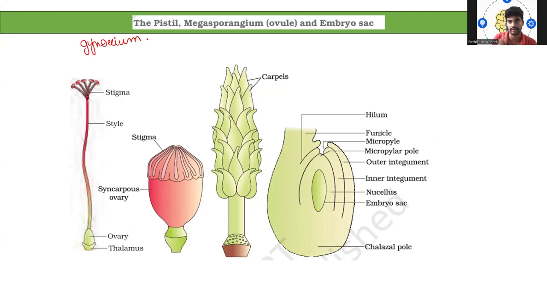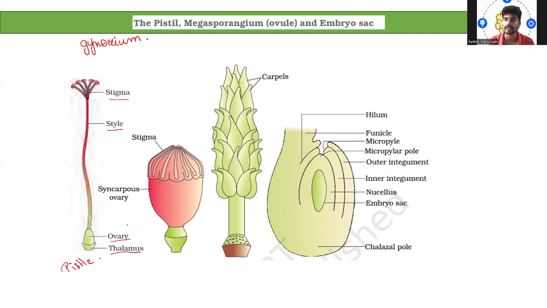When you take a dissection of a flower, you will actually find the pistil here. In the pistil, you will see stigma, style, then ovary and thalamus.